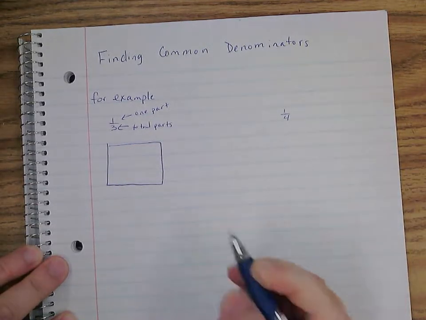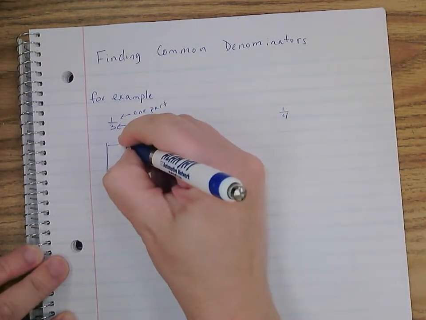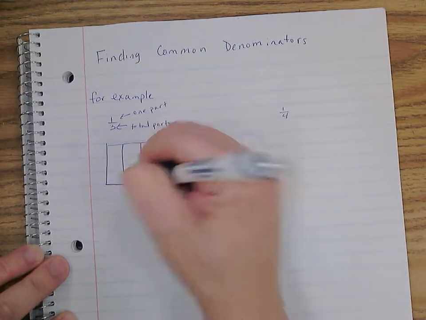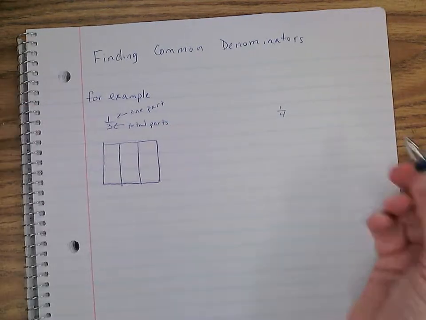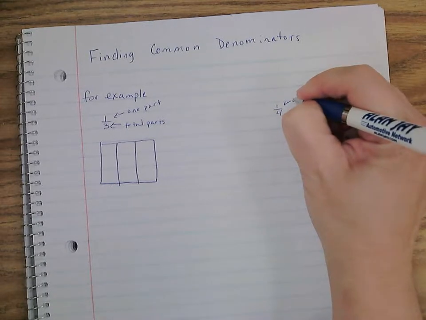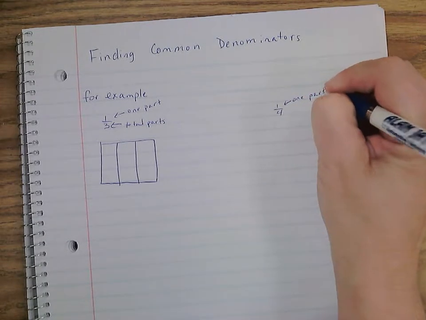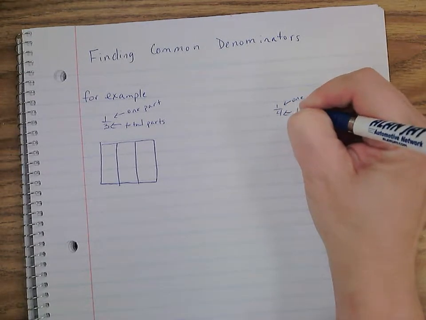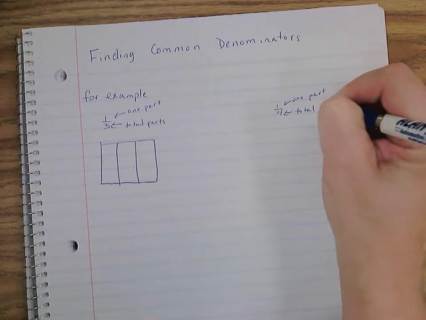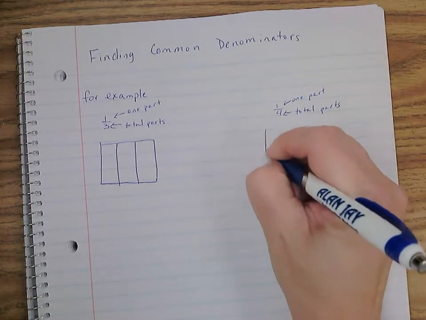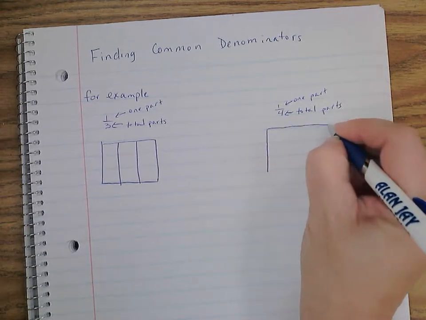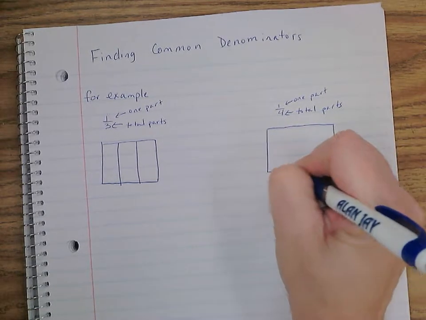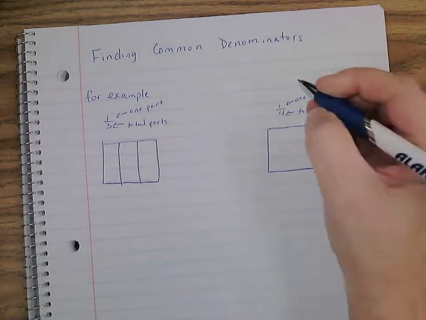Okay, so I'm going to split up my rectangle into 3 parts. 1, 2, so I've got 1, 2, 3 parts. 1/4 means I have 1 part out of 4 total parts. So it's just a little bit of a review of fractions in case you've forgotten. And it's the beginning of the new year, so we kind of have to have a little bit of review.